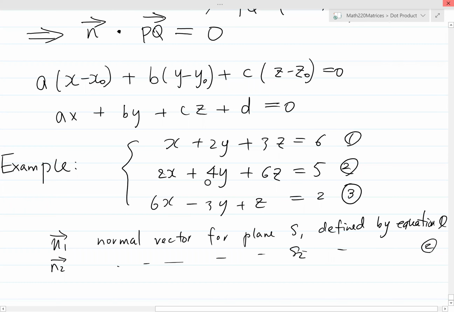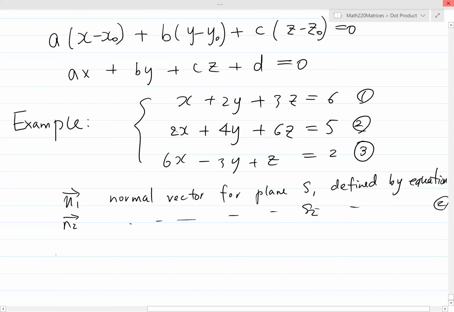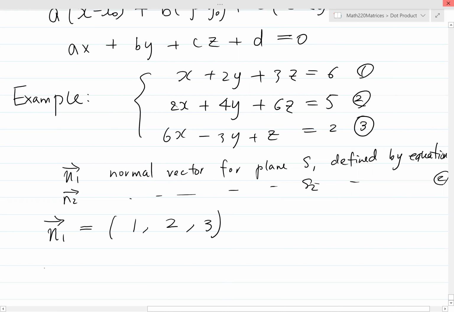N3 we don't care about. You can read the coefficients for N1: you can choose, for instance, (1, 2, 3), just by looking at the coefficients of x, y, z in equation 1. Now what is N2? N2 is (2, 4, 6), which is a multiple of (1, 2, 3), twice N1.